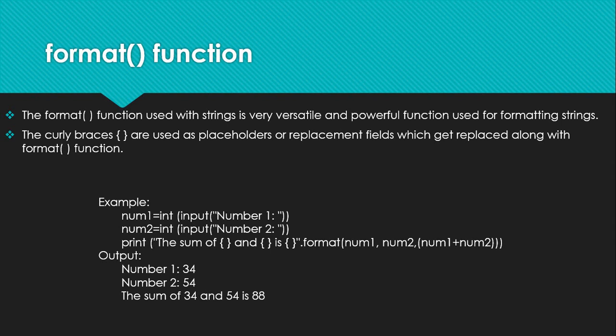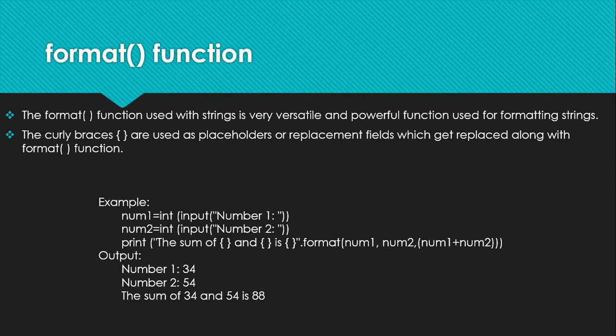The first curly braces represent num1, and the second curly braces represent num2. Format is the function that we use, and within the brackets num1 comma num2, or the expression that you want to do. Either you want to multiply num1 into num2, or num1 plus num2, or num1 minus num2, or some expression that you want to evaluate. That expression has to be enclosed within brackets.